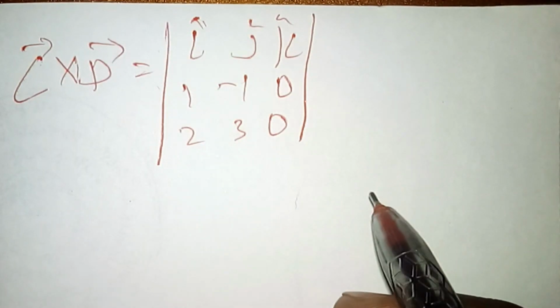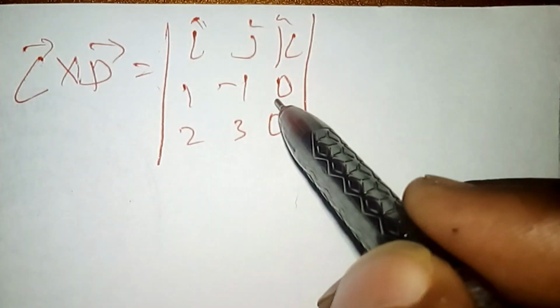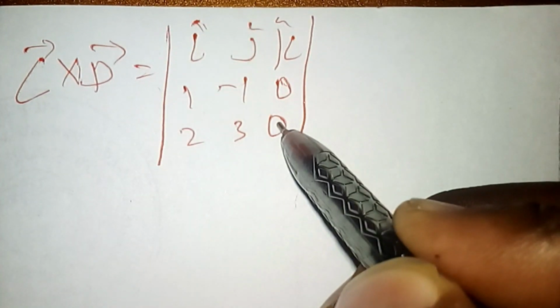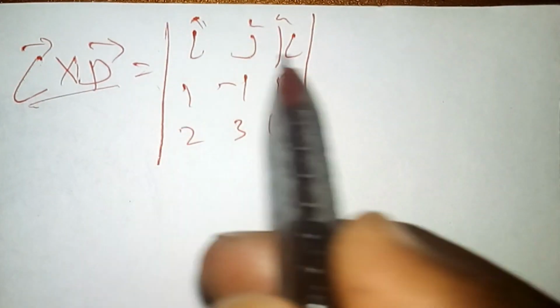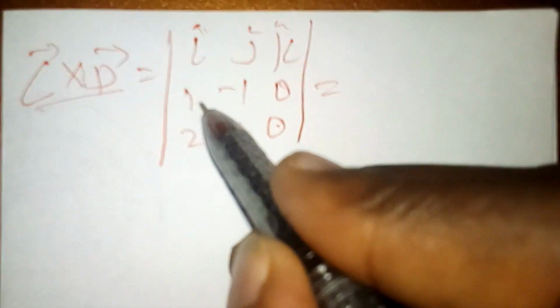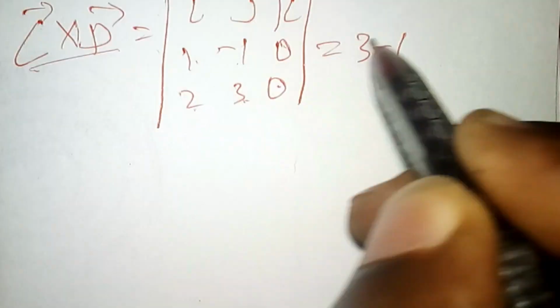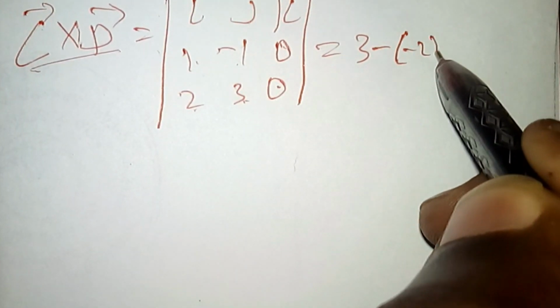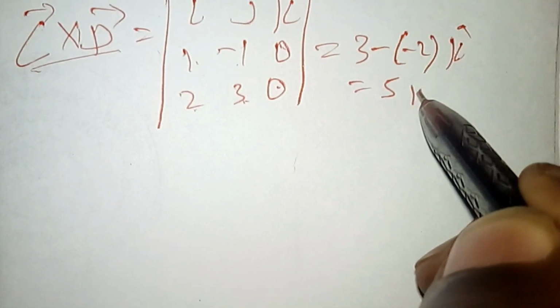On alternative D, if we test for C and D, here also since the z components of both vectors are 0, the i and j terms of the cross product do not survive. Here we only have the k term, that is 1 times 3 is 3, minus 2 times minus 1 is minus 2, which gives me 5k.